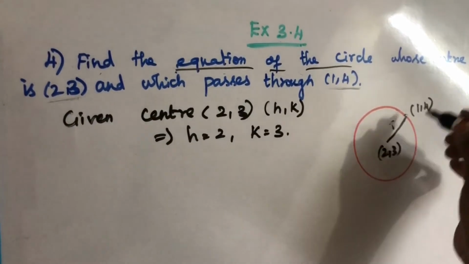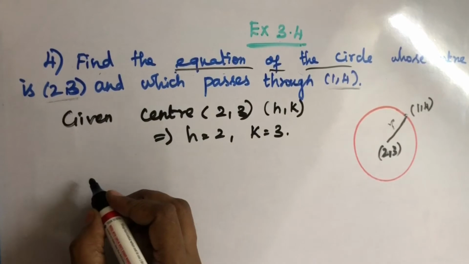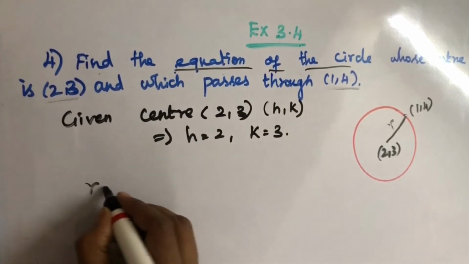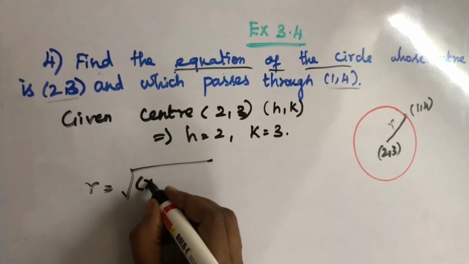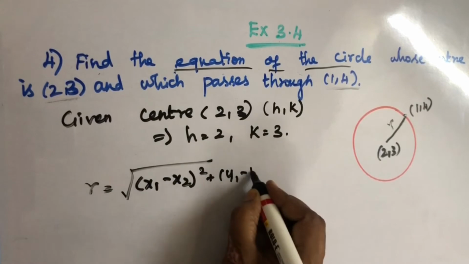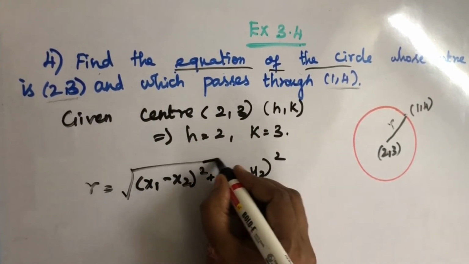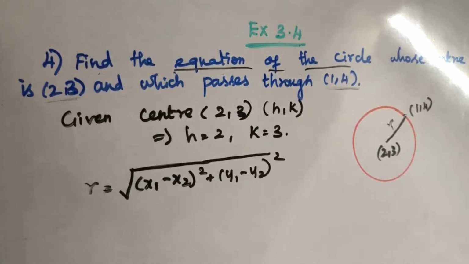So, if we find the distance between these 2 points, that's the radius, right? And we know the formula to find the distance between 2 points, that is square root of x1 minus x2 the whole square plus y1 minus y2 the whole square. Our known formula to find the distance between 2 points.